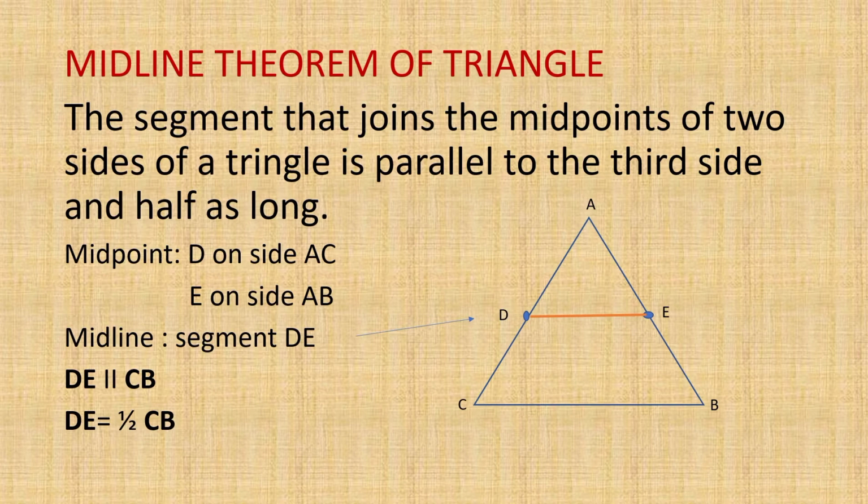If we connect the 2 midpoints, D and E, this segment DE is considered the midline. DE is parallel to side CB. Based on the midline theorem, we can say that the length of DE is equal to 1/2 of the length of segment CB.